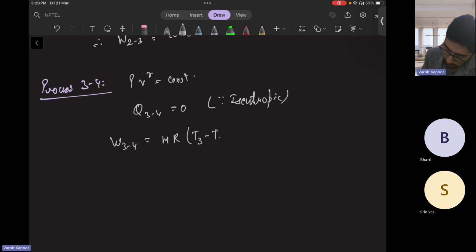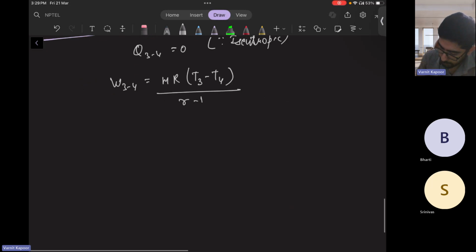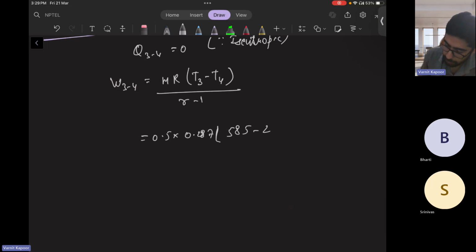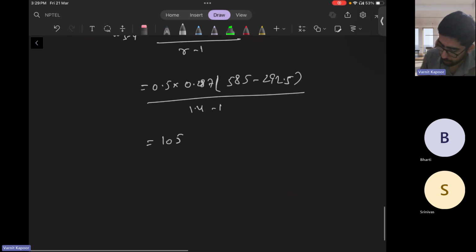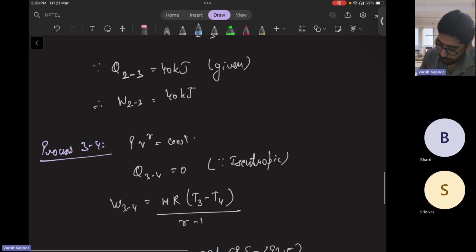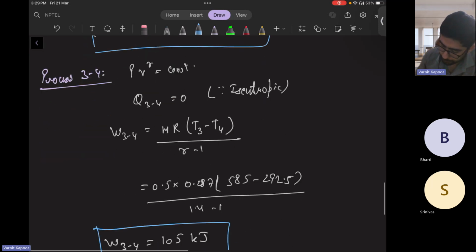T3 minus T4 by gamma minus 1, if you put the values, it is 0.5 into 0.287, and what is T3? 585 minus 292.5 by 1.4 minus 1. Same value, just with a positive sign. So work 3 to 4 is 105 kilojoules.